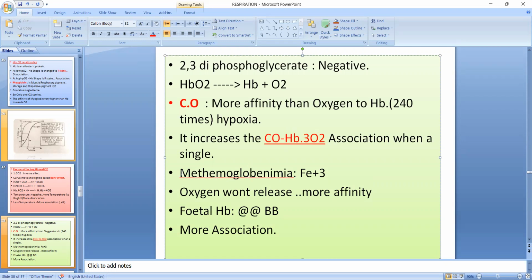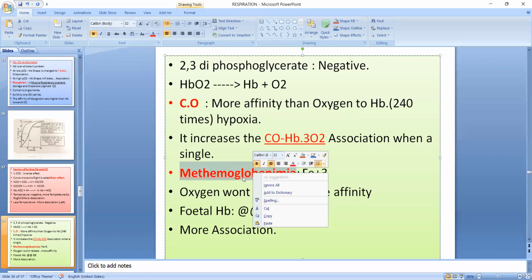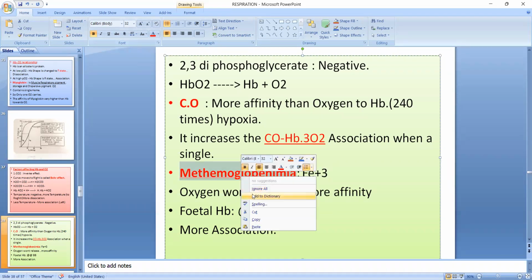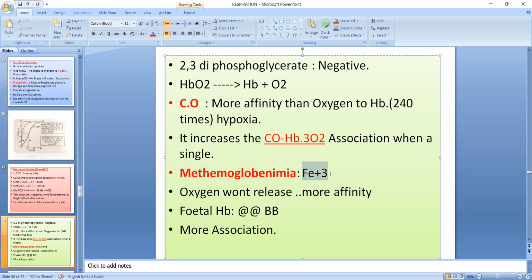And methemoglobinemia, this is a condition. In normal condition, the iron is in Fe+2 condition. So in methemoglobinemia condition, iron will become Fe+3 state. Okay, so with that, what happens? Oxygen won't be released.